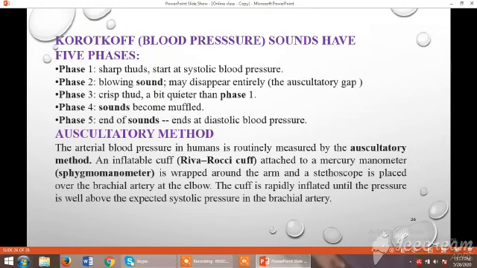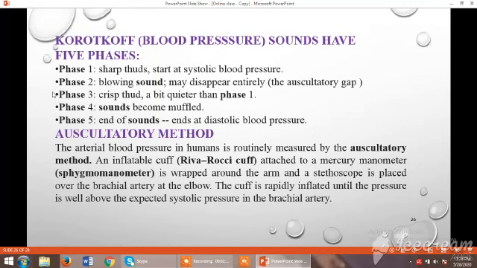As the pressure is released, the variation of the sound is heard. Here you see phase 1. You need to read all these phases from the books; I just mention this to give a guideline. Listen to my words also. Firstly, sudden appearance of a clear tapping sound. This indicates systolic pressure. It persists while the pressure falls on average through 15 mm. This is phase 1. Then comes phase 2: the tapping sound is replaced by a murmur persisting for another 15 mm.